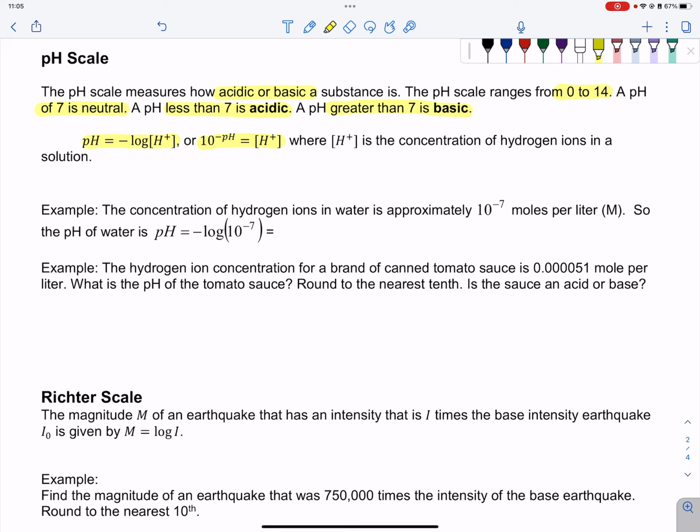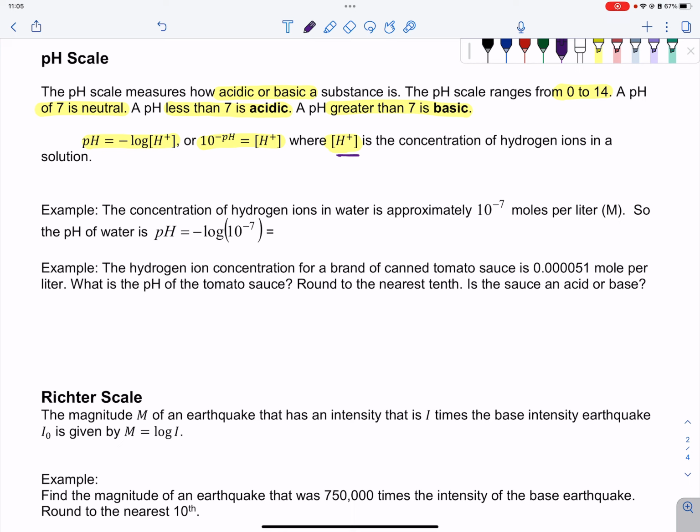The one thing that's not written here is that this hydrogen ion concentration needs to be in the unit of moles per liter, but we don't really worry too much about that in this class, as all of our examples and problems are going to have the hydrogen ion concentration in moles per liter, or you'll be solving for the hydrogen ion concentration already in that unit.